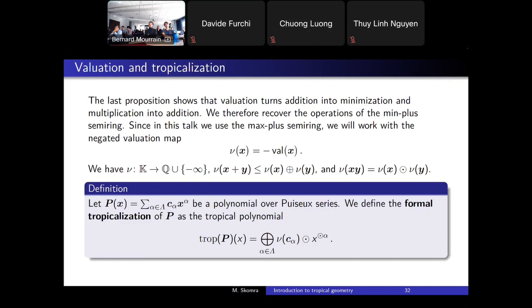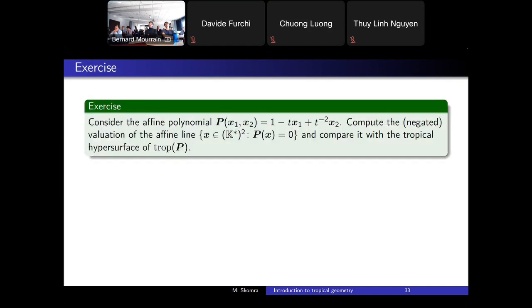So let us do an example. Here is an example. Let us look at this affine polynomial. Now the two coefficients are Puiseux series. Compute the valuation of the line of this polynomial and compare it with the tropical hypersurface.